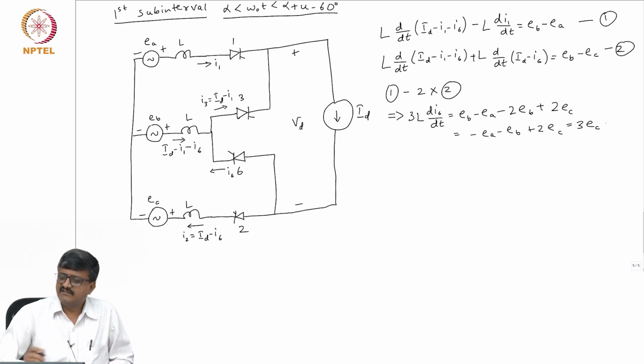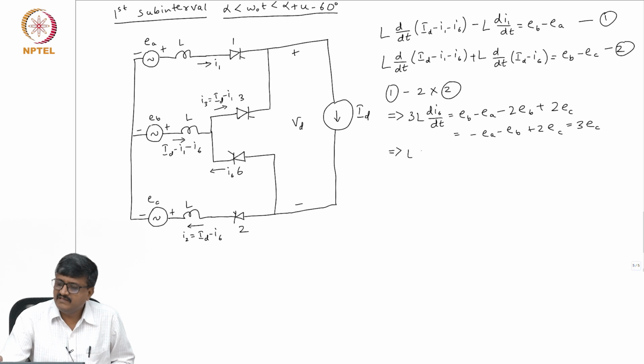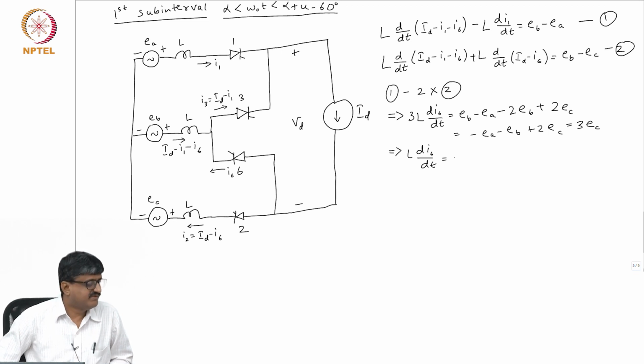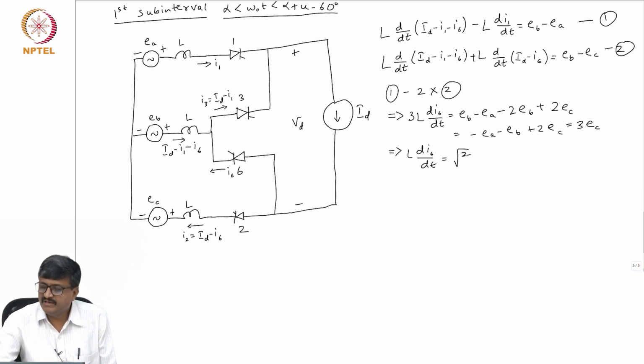So, I can just cancel that 3 on both sides. So, what I get is L di6 by dt is equal to EC, which is root 2 by 3 V sin omega ot minus 90 degrees.